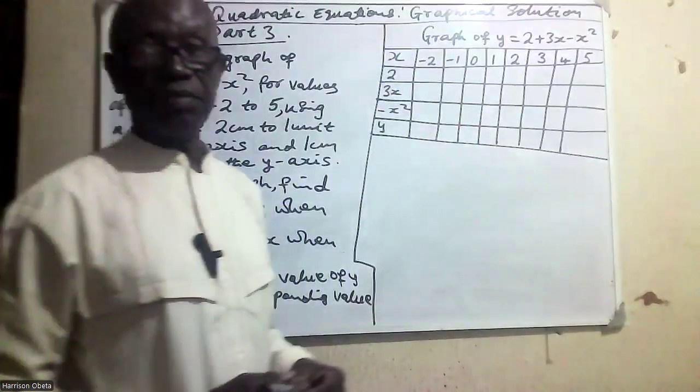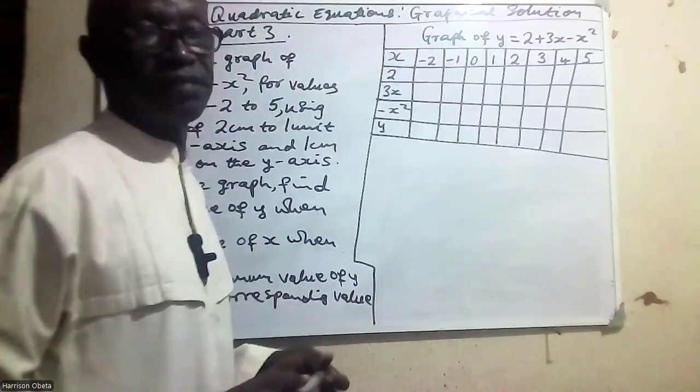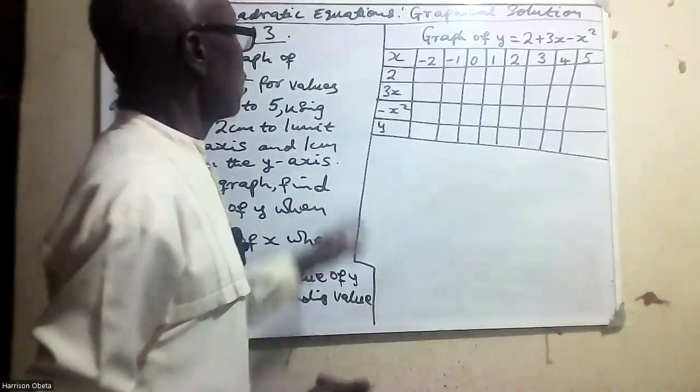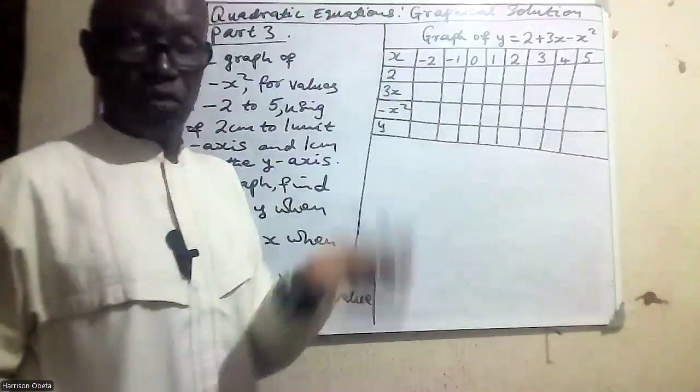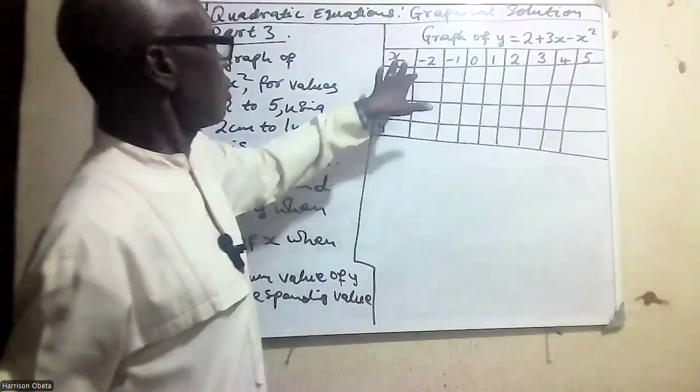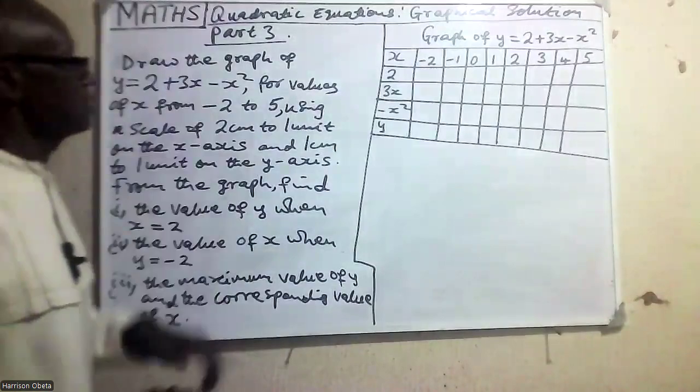Okay, you can see the table. So we have to fill the whole thing, and then finally we're having x and y axis. Now remember that when we are plotting the graph, it's always x against y using the scale.